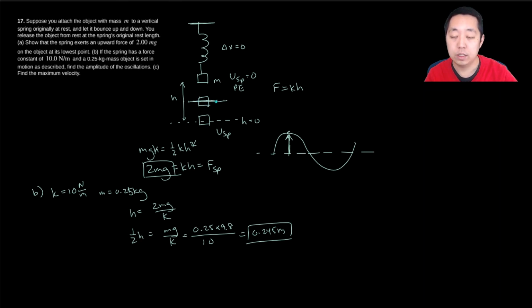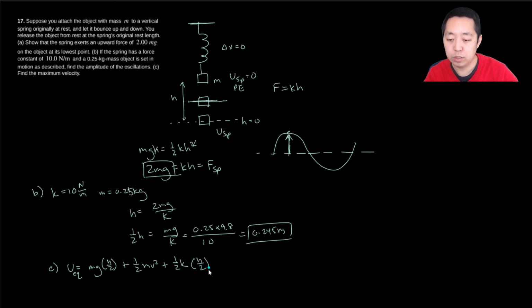So the energy at the equilibrium point is equal to mgh, which is h over 2 in this case, right? Plus 1/2 mv squared, the kinetic energy, plus the spring energy, which is 1/2 k, and it's displaced h over 2 squared.